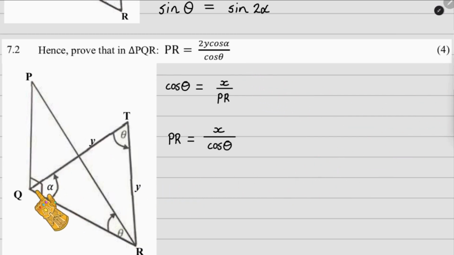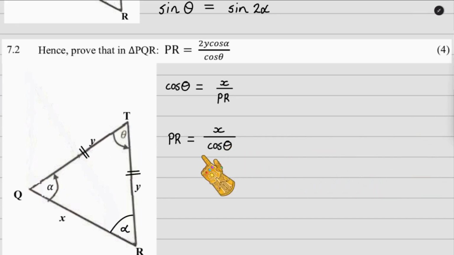So now we divert our attention to triangle TQR, and we want to get an expression for x that mimics this format. So we're going to ignore triangle PQR and work with triangle TQR.